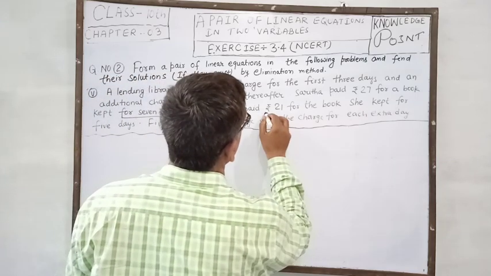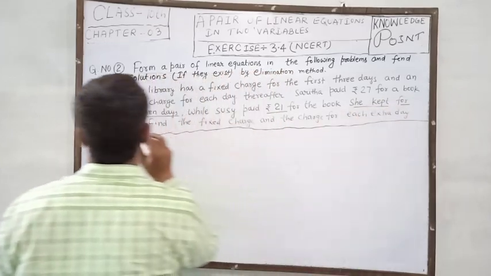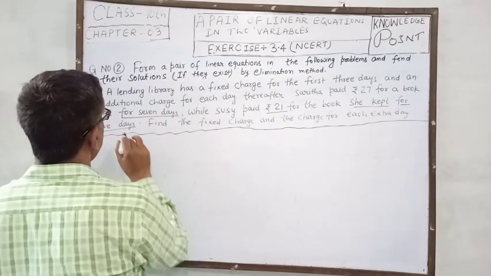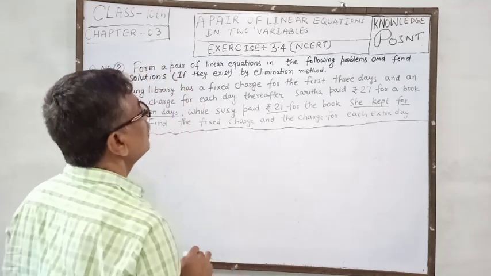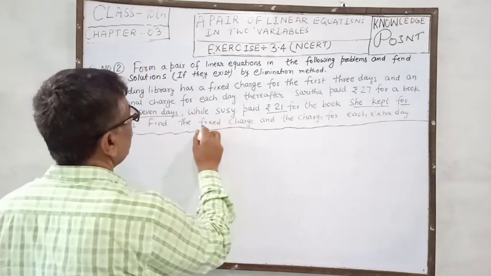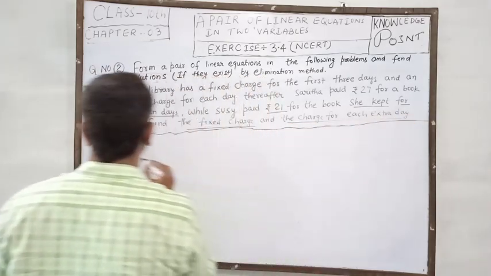And Susy paid rupees 21, she kept it for 5 days, that means 2 extra days. So we have to find the fixed charge and the charge for each extra day.